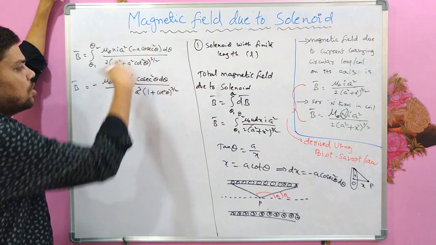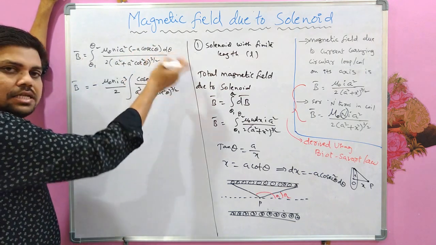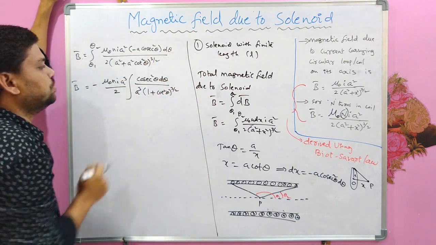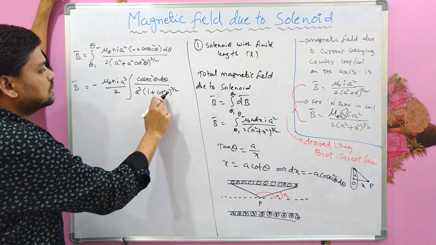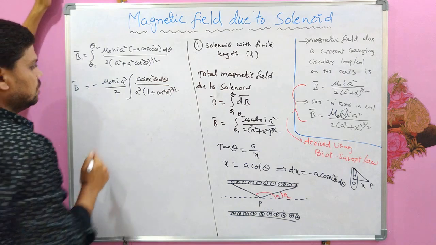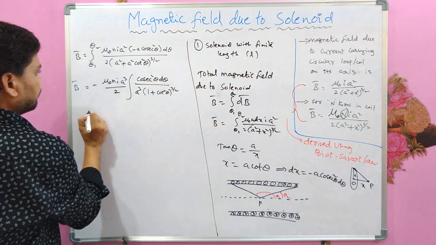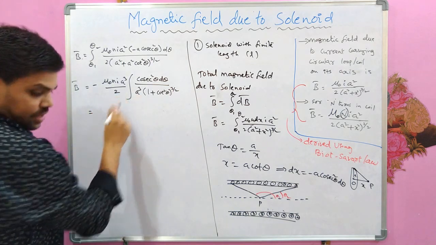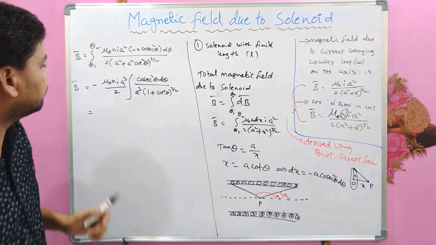A square is taken common so that a square cancels with that by 2, so we will get a cube and 1 plus cot square theta whole power 3 by 2. Then this a cube and this a cube will cancel.